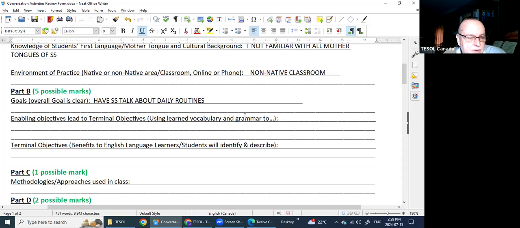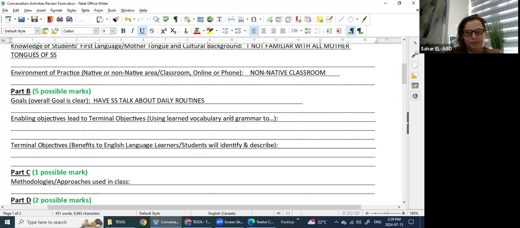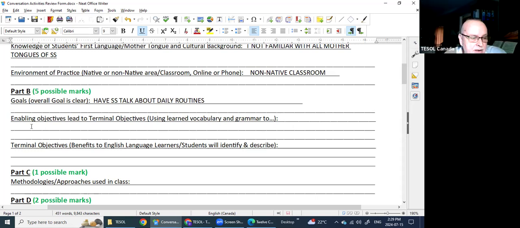Enabling objectives. You should have 2 or 3 enabling objectives and 2 or 3 terminal objectives. So what would be one enabling objective that you could have here?